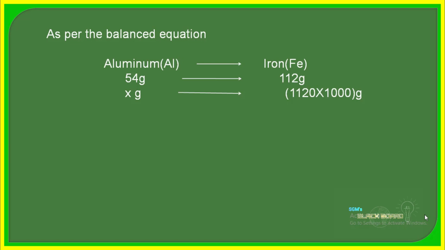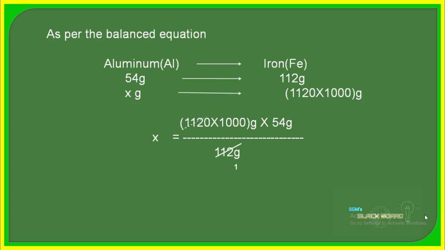So x is equal to 1120 into 1000 grams into 54 grams divided by 112 grams. Now cancelling, 112 goes into 1120 ten times. So that is 10 into 1000, 10,000 into 54 grams.